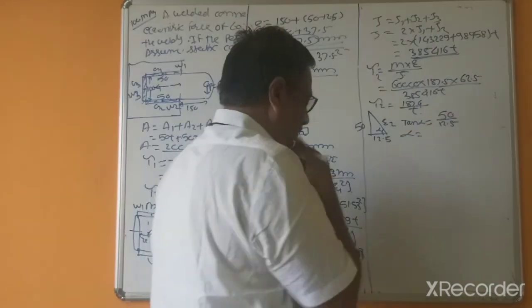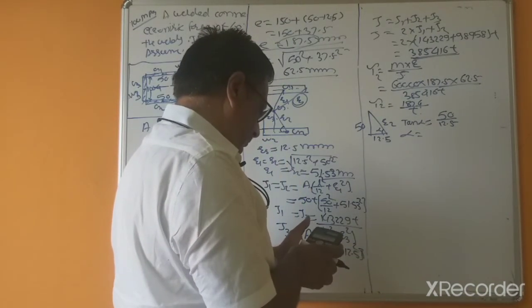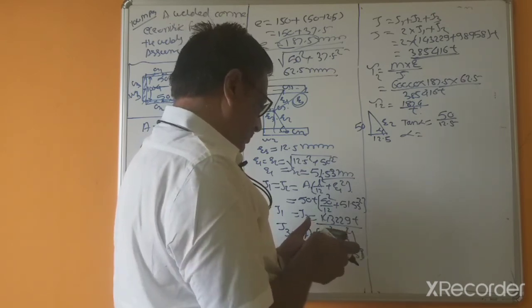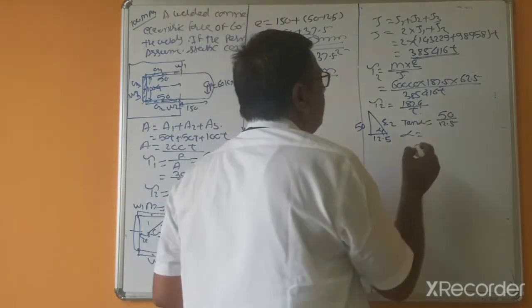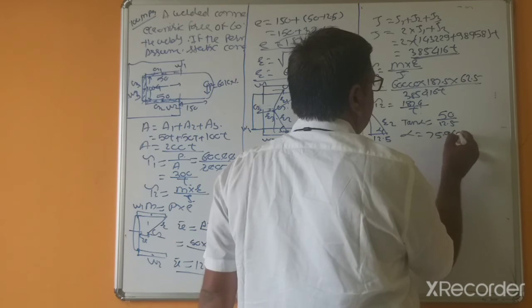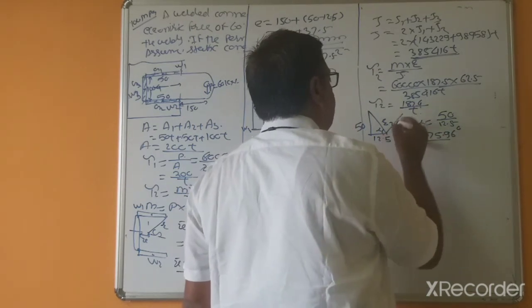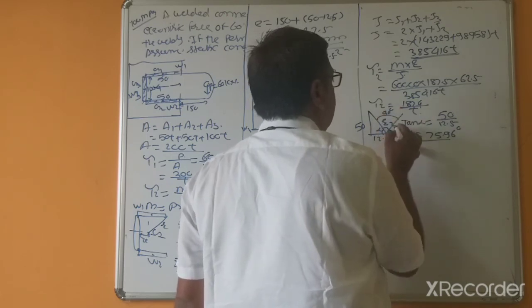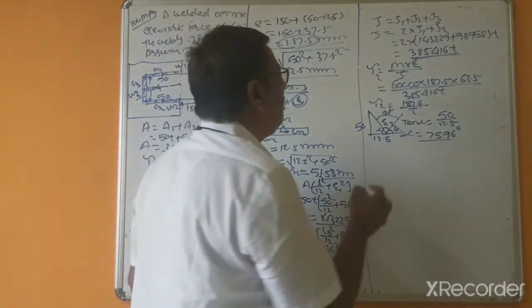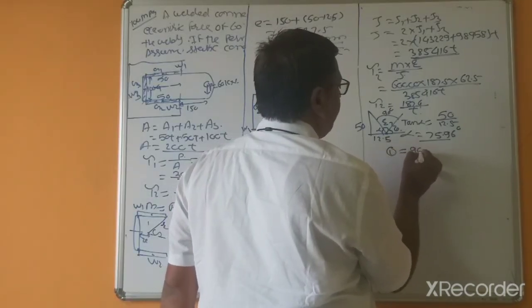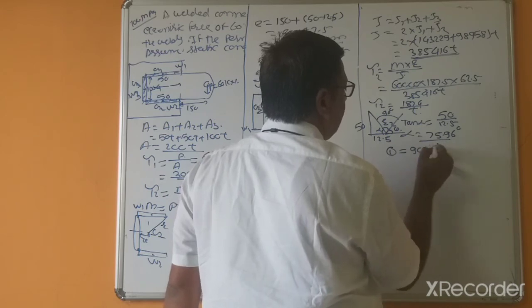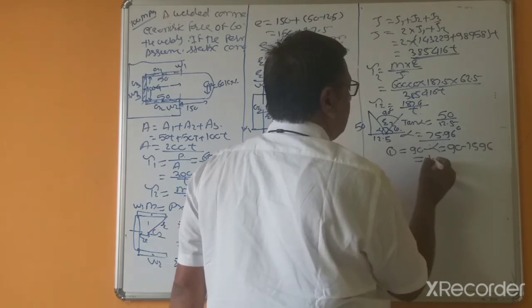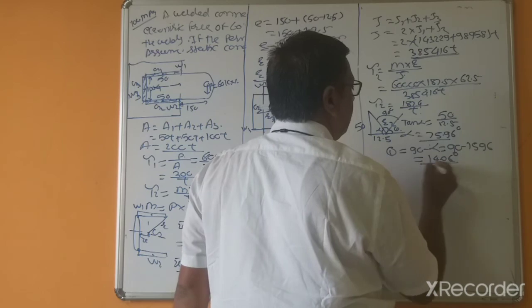Alpha equal to 75.96 degrees. Now we require this angle, because this angle is 90 degrees. Now theta equal to 90 minus alpha, 90 minus 75.96, and this is 14.06 degrees.